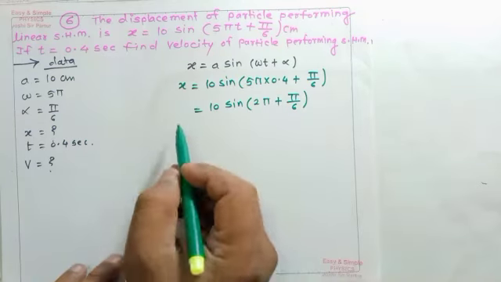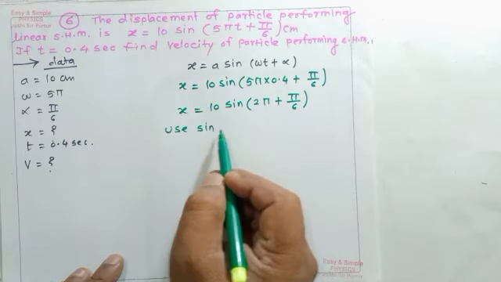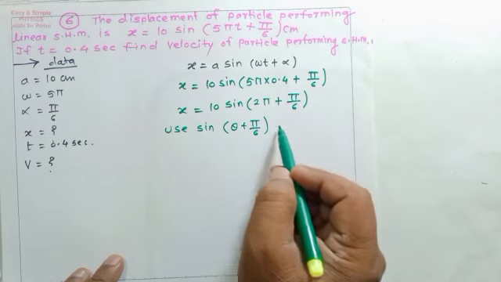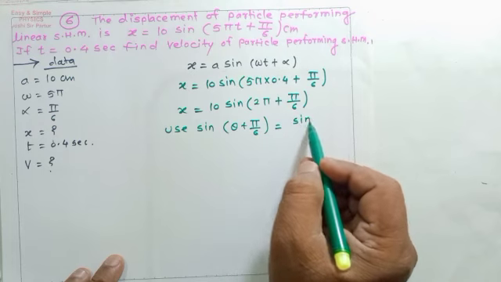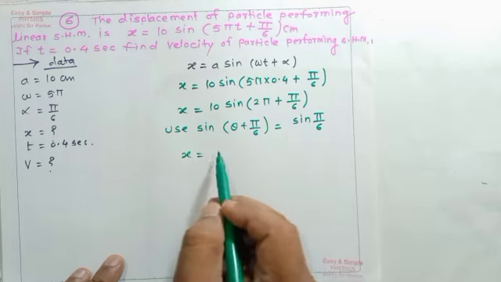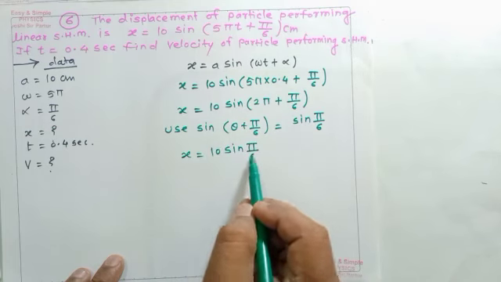We use sine of theta plus pi by 6. If such a type is given, then it is sine of pi by 6. So here we can write x equal to 10 sine of pi by 6.